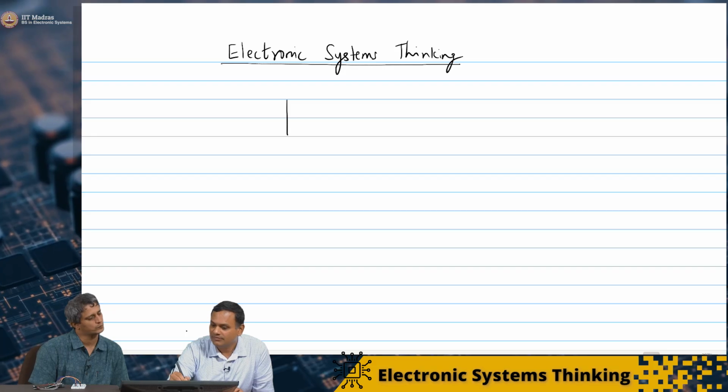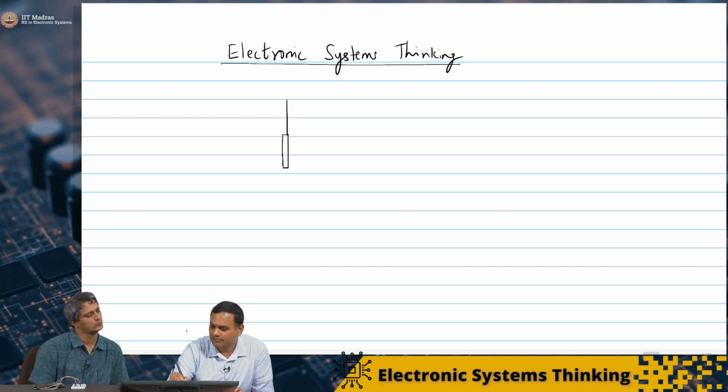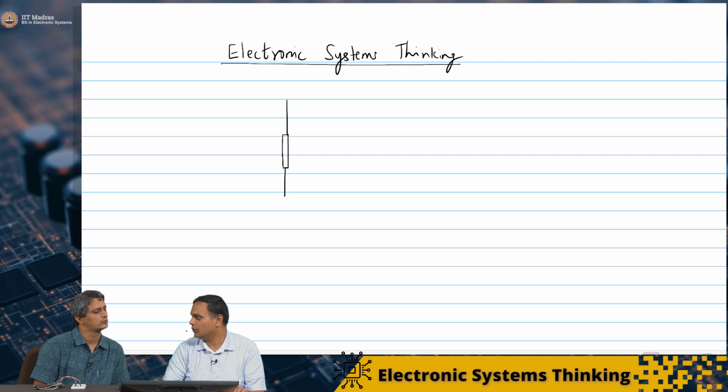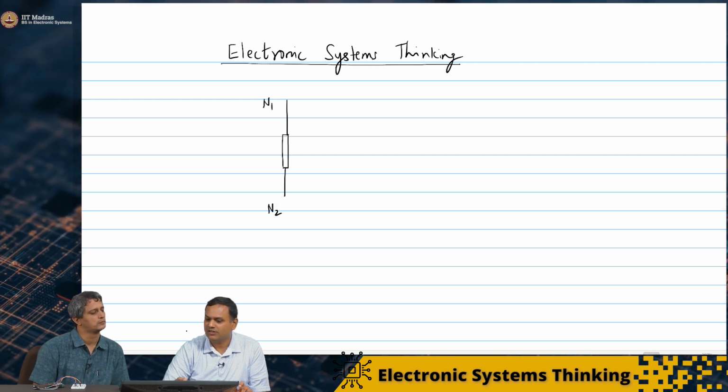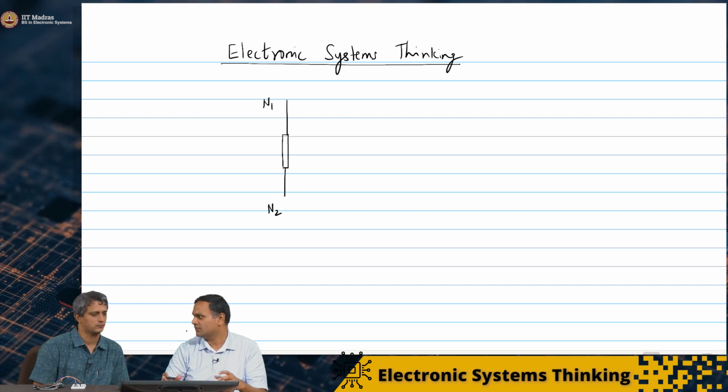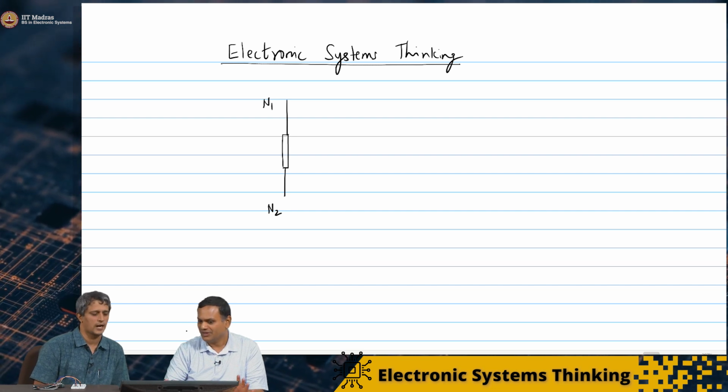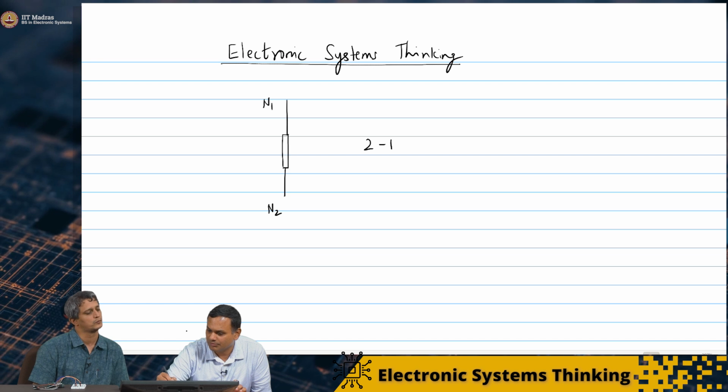So we'll start from maybe something really basic. I'm just going to abstractly think of some two-terminal element. We have discussed this kind of thing before. So it has some node 1 and node 2. I'm not thinking of it as a resistor, voltage source, current source, inductor, or capacitor. We don't know. It is some two-terminal element.